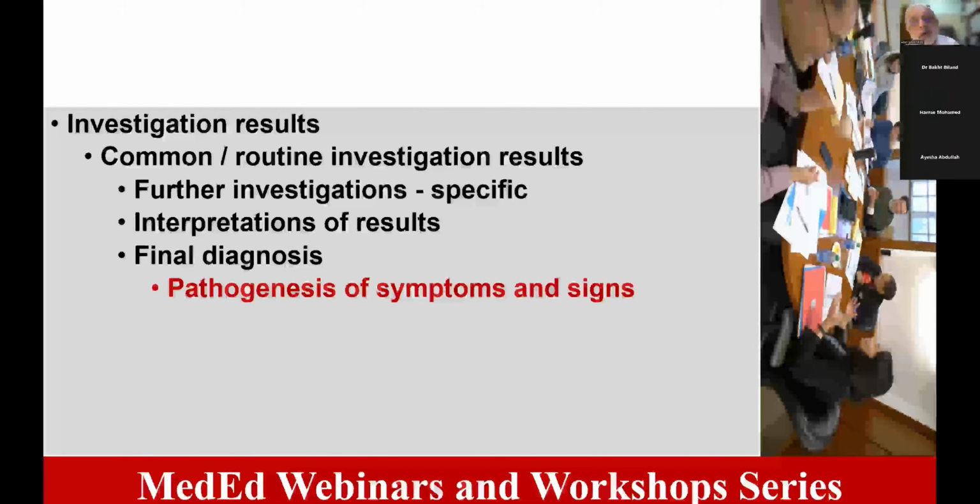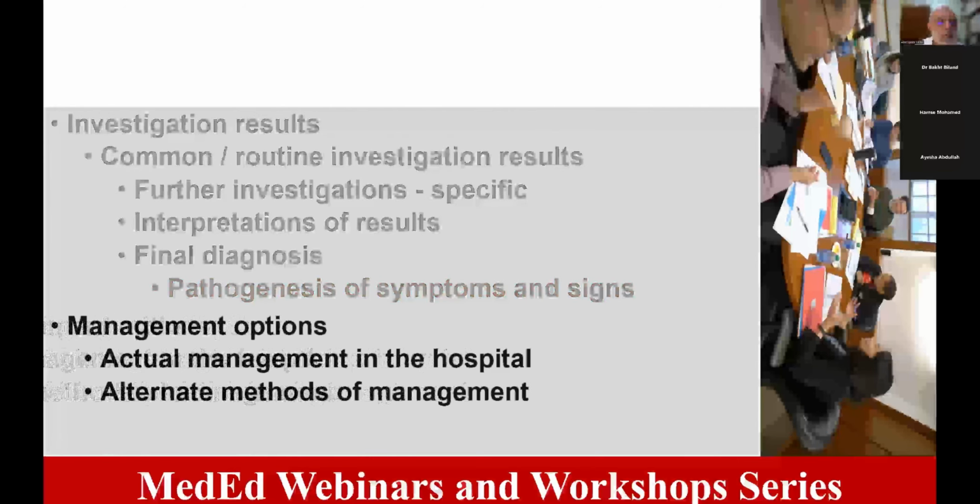Again, students have to ask for relevant investigations. And then comes the management option: what management was actually done in the hospital and what alternate methods of management are available.